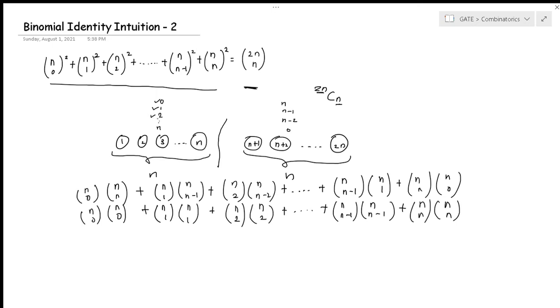So these are totally disjoint countings. There is no case where we are overcounting or some combination is getting counted twice, because we are making sure that the number of elements we choose in the next choice is completely different from the previous choice, so there is no worry regarding overcounting.